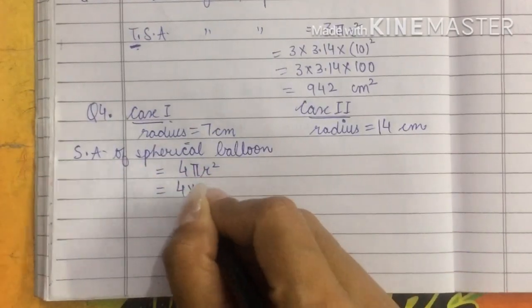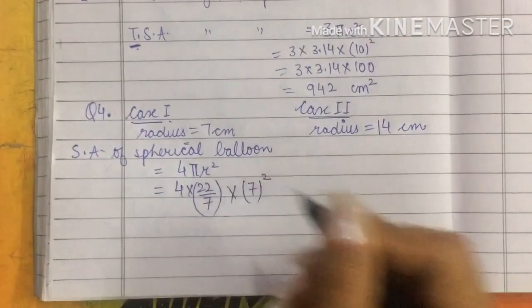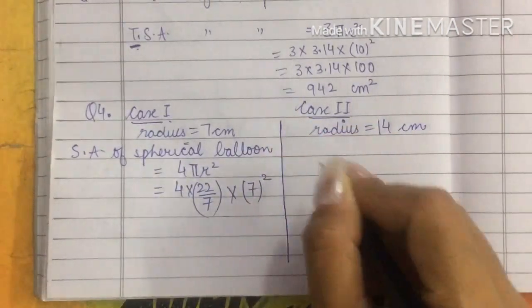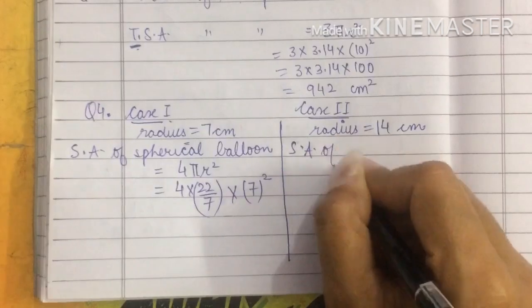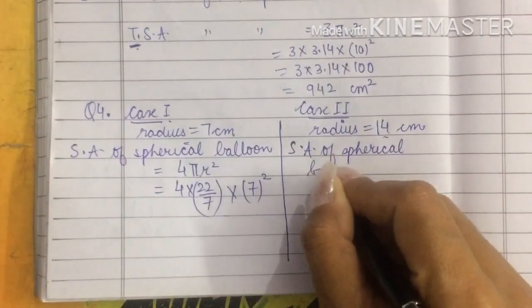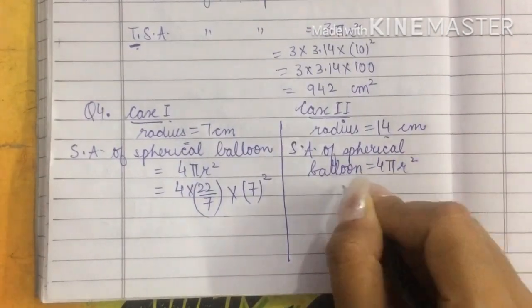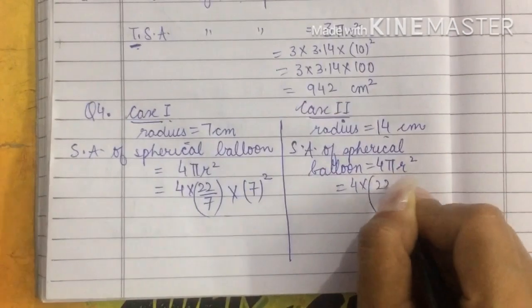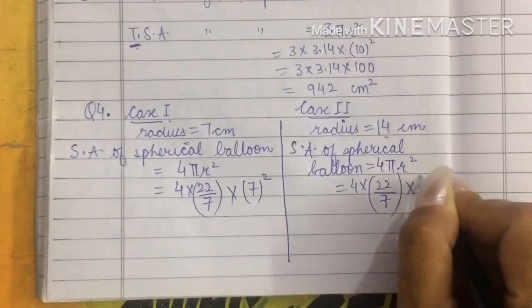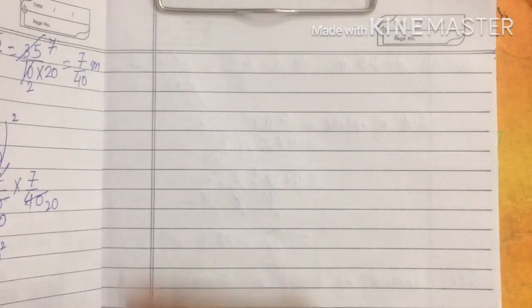So this will be 4 into 22 by 7 into 7 square. And again in the second case, the surface area of spherical balloon will be given by 4 pi r square, 4 into 22 by 7 into 14 square. Now we have to find out the ratio. Let's find the ratio.